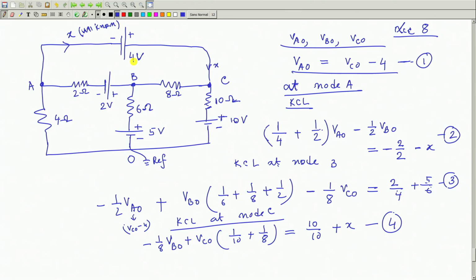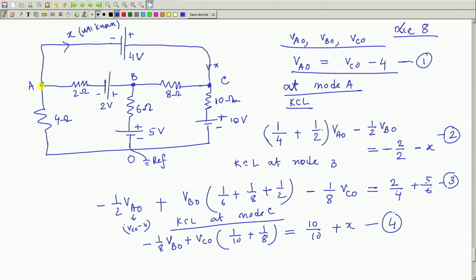So, what you can do is this: you assume whatever current will be flowing is x ampere, that I can always assume. The current in the circuit will be finite, so finally x will be a finite number, whatever that will be after you solve the network; that variable you assume x.